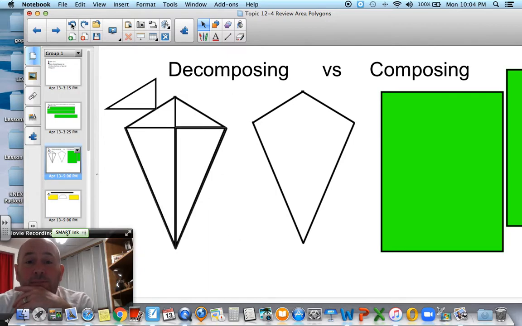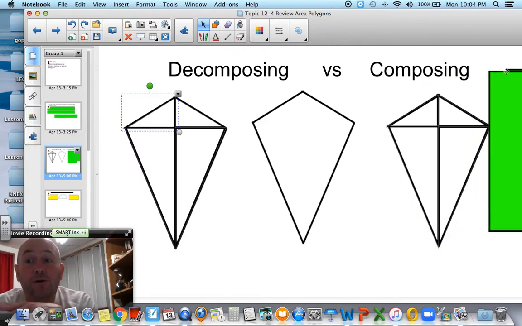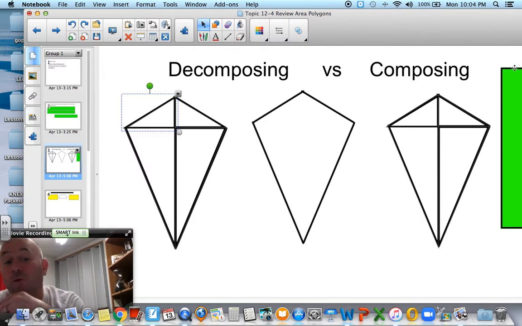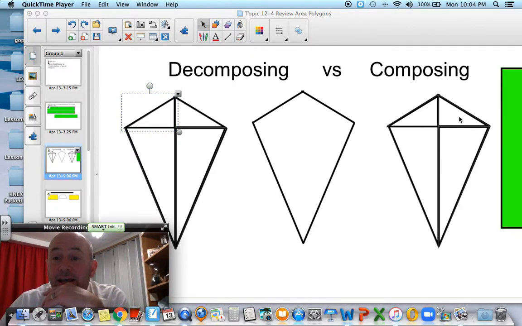So we're going to put that back together. And then we can talk about composing things. Now, if you can decompose something, you can recompose it into something more useful or easier to work with, okay? So now we're going to look at the same kite and how we could take it and turn it from a kite into a rectangle, okay?